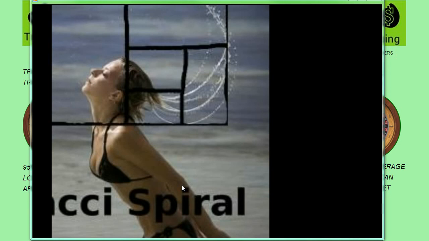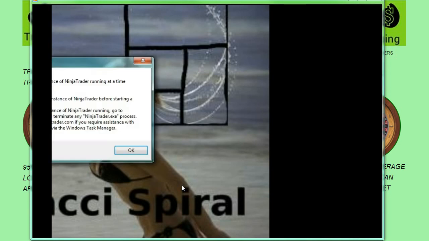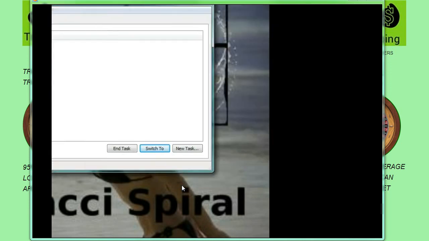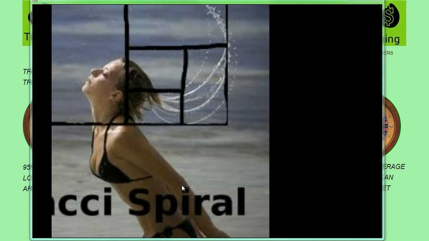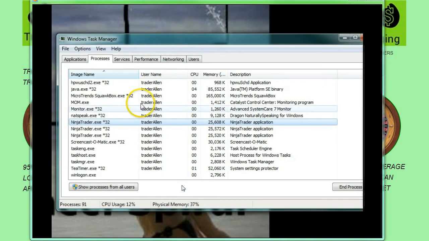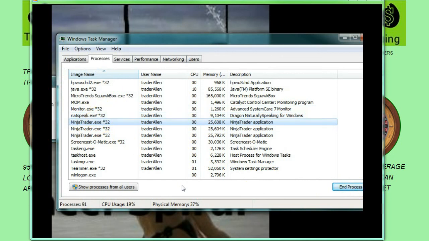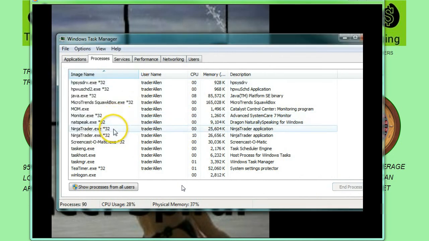So now what I have to do is go, you can see it's still not starting. I have to go in here to Task Manager and close out these NinjaTrader applications that are running because it got locked up.